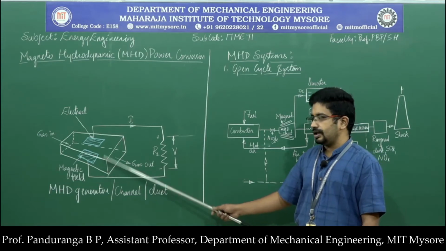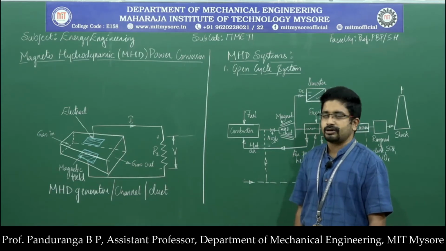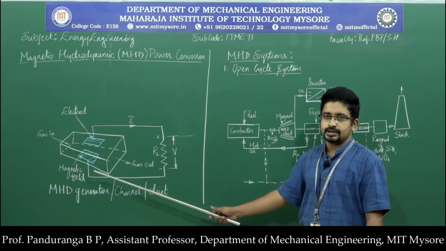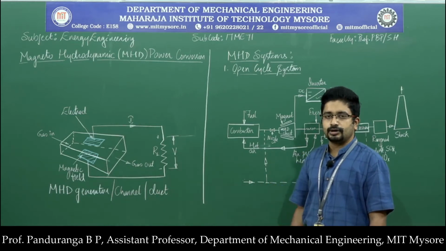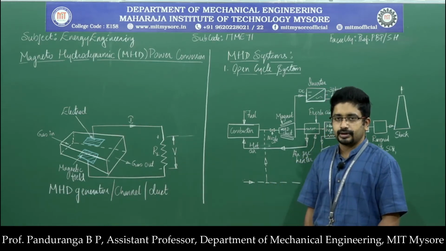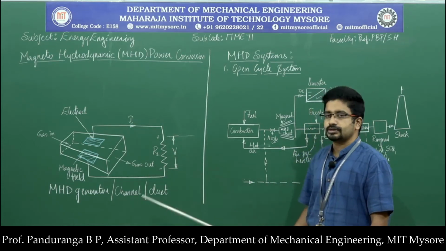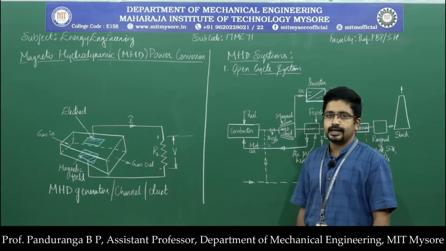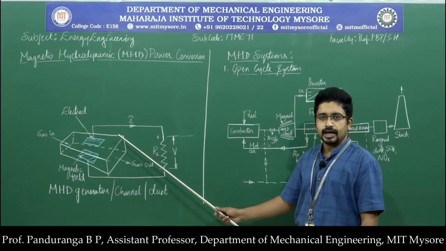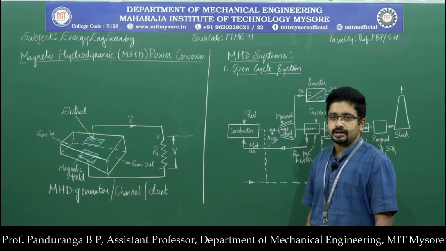In the other perpendicular direction we have kept the electrodes, so the electrodes will catch the charged particles, and when the charge flows through an external load, we will have a current and a potential difference.